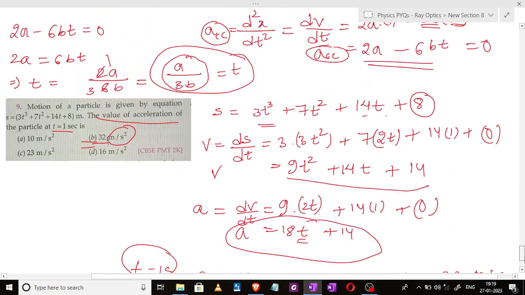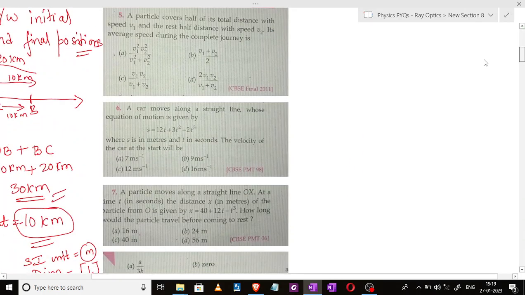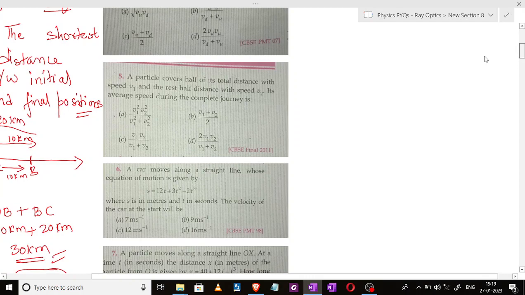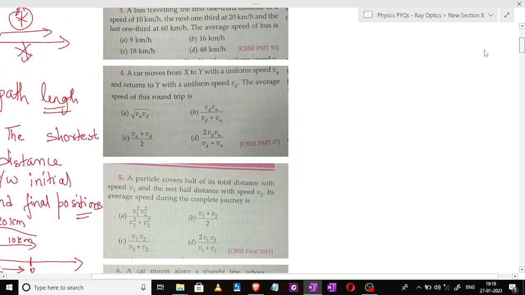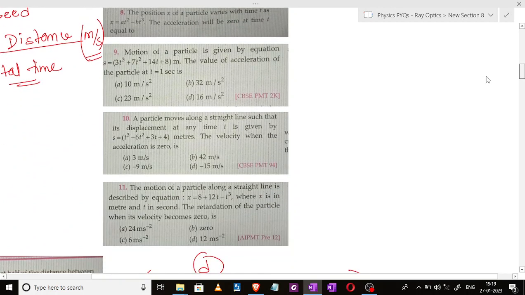Okay, these all are NEET questions, PMT questions. We have done question number 9, right? We haven't done question number 10.